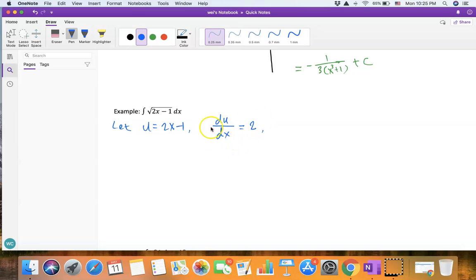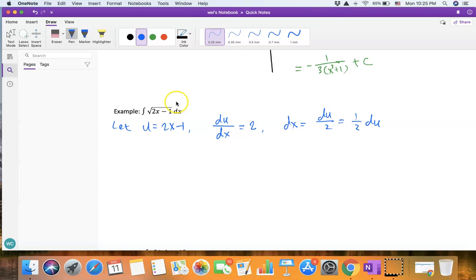When I say solve for dx, we want to isolate dx, because I want to know which term I should use to substitute for dx. So dx equals du over 2.